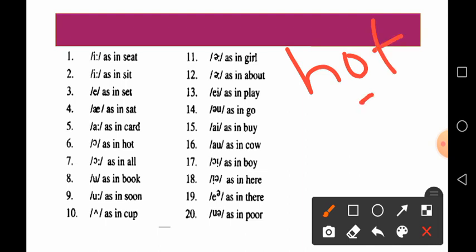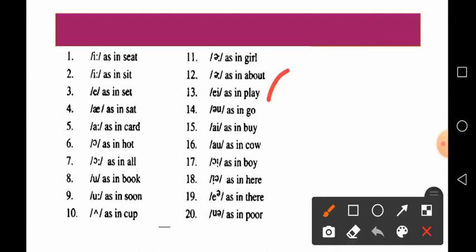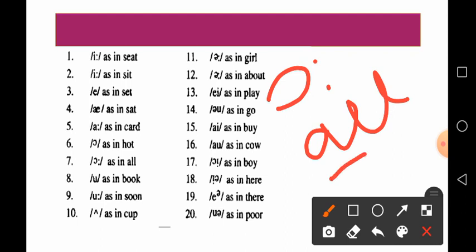This is h, o and then t, we pronounce it like this, hot. But as a long vowel, o is pronounced all. So, o is stressed, and the word is pronounced all.